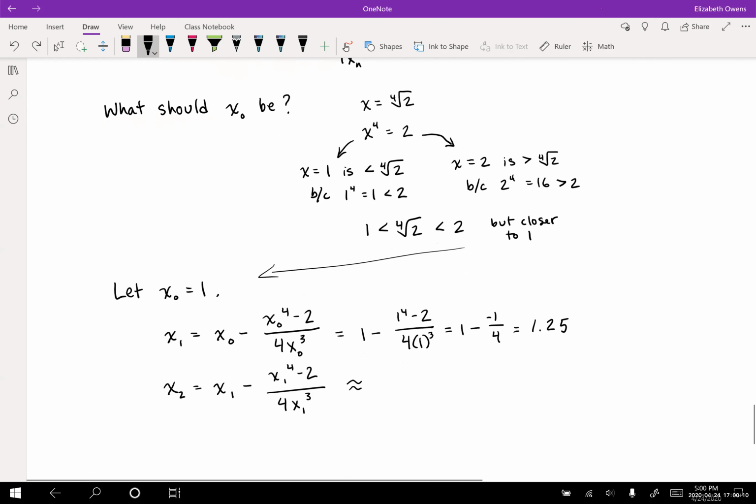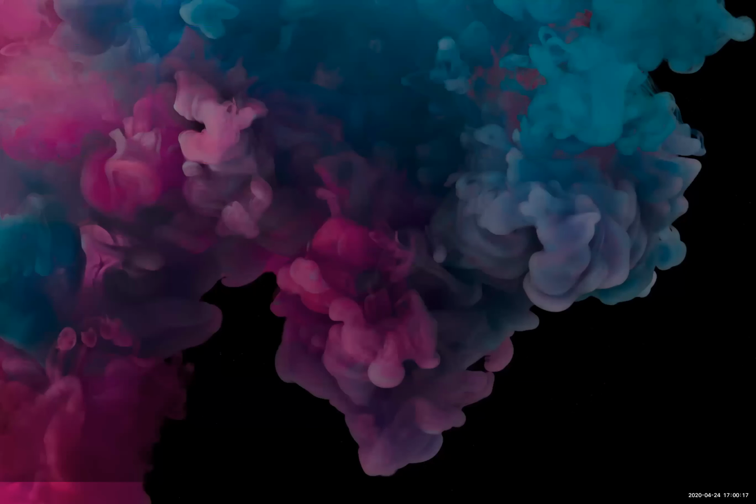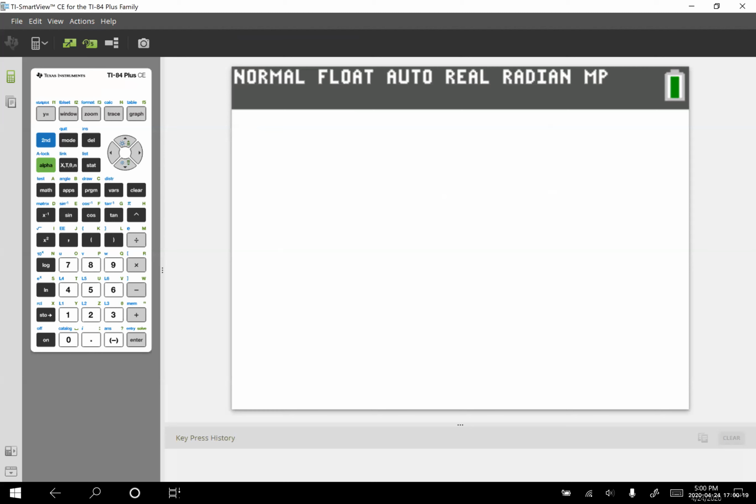All right. So let's go run our formula. All right, and remember how we started this process out last example was just by entering your x naught value. So here's x naught, it's 1. We've got that stored as our answer now.